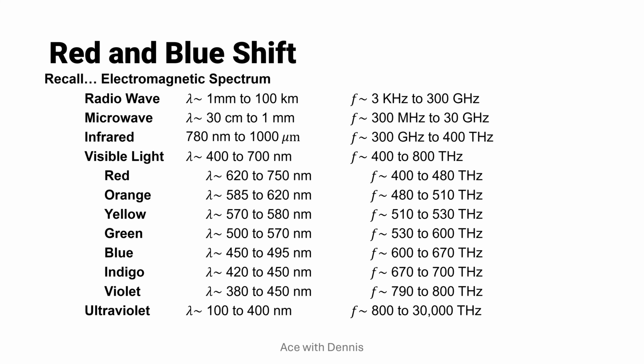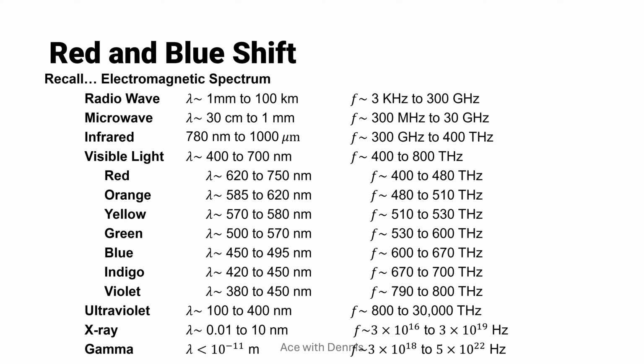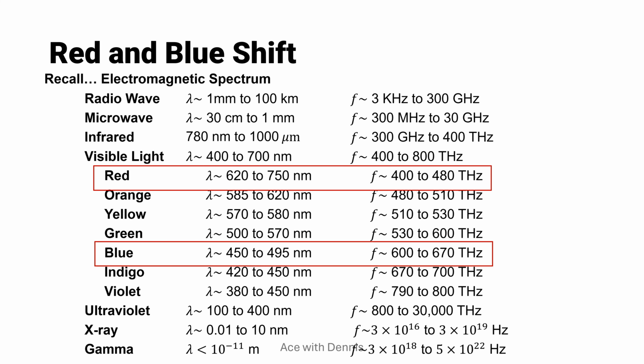Outside visible light will be ultraviolet, X-ray, and gamma ray. So here is the red light and here is the blue light. As you can see from here, red light has larger wavelength lambda and smaller frequency f. Blue light has smaller wavelength lambda and larger frequency f.